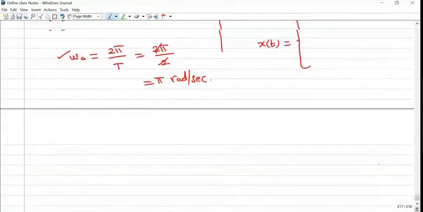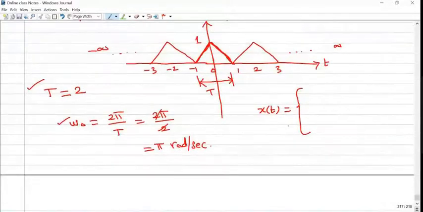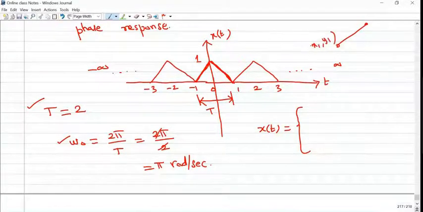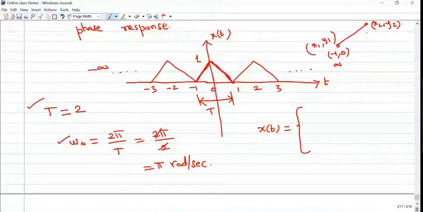For this particular signal, from minus 1 to 0, your signal goes like this, right? So this is the x1, y1 point, and this is the x2, y2 point: minus 1 comma 0 and here 0 comma 1.